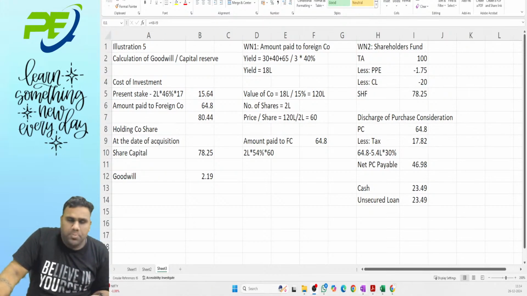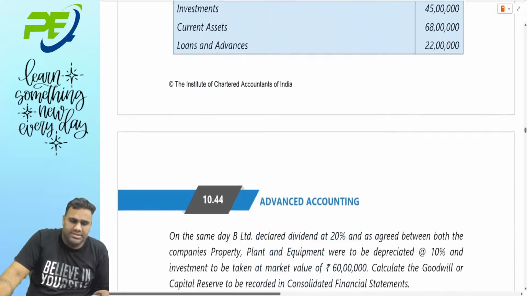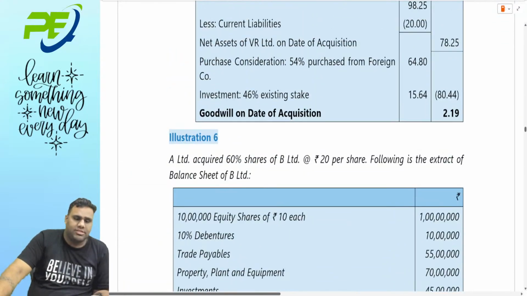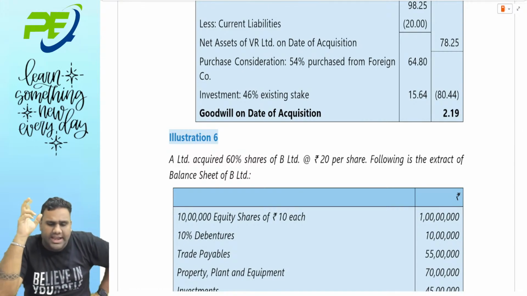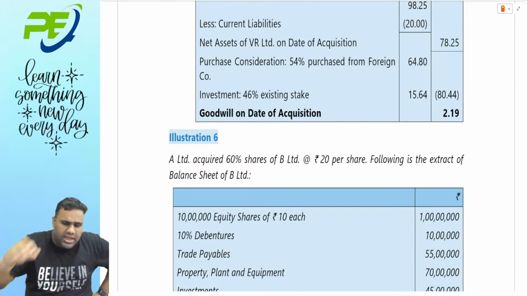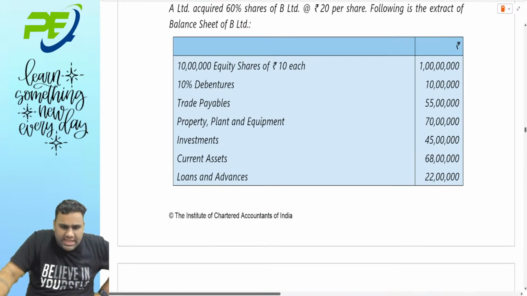So now we will do one more problem before I give you a break. Next illustration, illustration number 6. A Limited acquired 60% shares of B Limited at 20 per share. Following is the extract of balance sheet of B Limited. Here everything is very clearly given, except reserves.